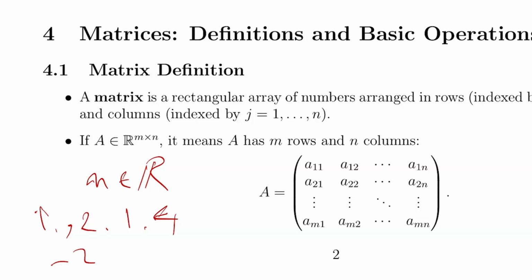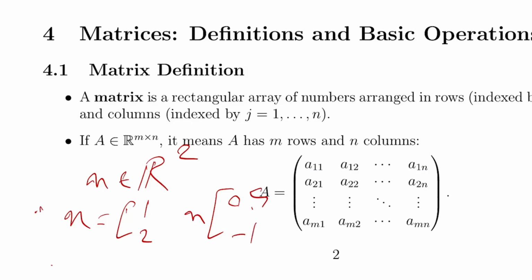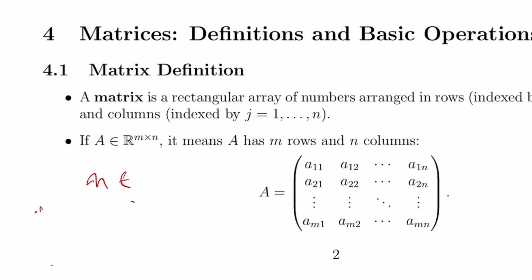So when you have instead x belongs to R^2, what does that mean? That means that you could have x equal to (1, 2), x could be (0.5, -1), all the way, any possible numbers. Okay, so if someone told you x belongs to N^2, what does that mean?